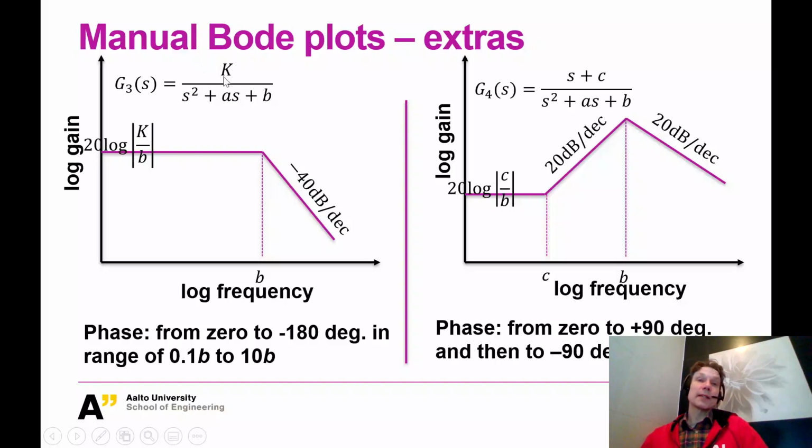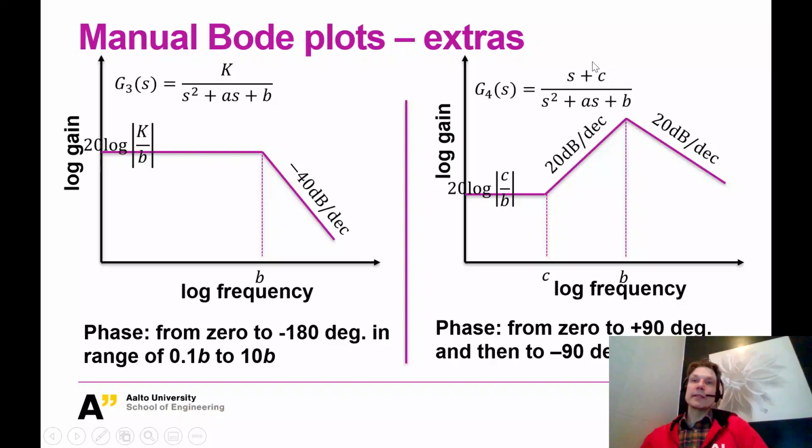If you have a mass spring damper system, you will get this type of behavior where your amplitude is relatively flat, and then you start decreasing 40 dB per decade after this frequency B, which is resonance, and the phase goes from 0 to minus 90 degrees. Sorry, minus 180 degrees.